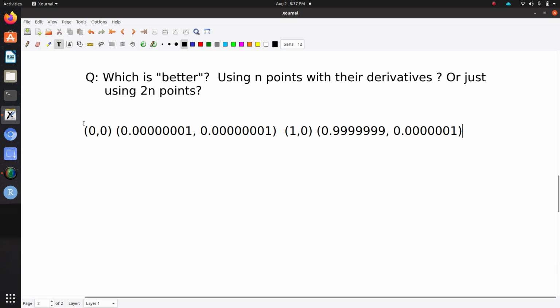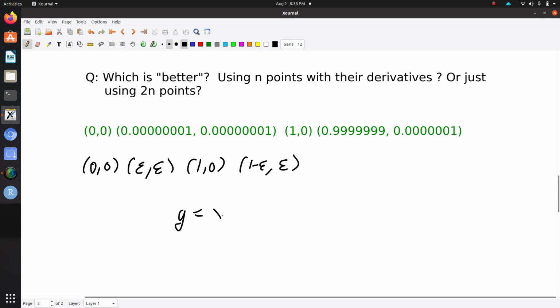As an exercise, you can go ahead and work that out and find out what you get. And if you were to instead write the points as 0, 0, epsilon, epsilon, 1, 0, 1 minus epsilon, and epsilon, if you did all the calculations just using that, then take the limit as epsilon goes to 0, you'll still end up with y is x minus x squared.